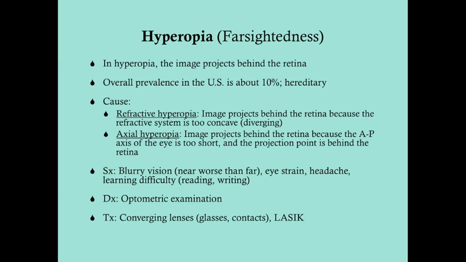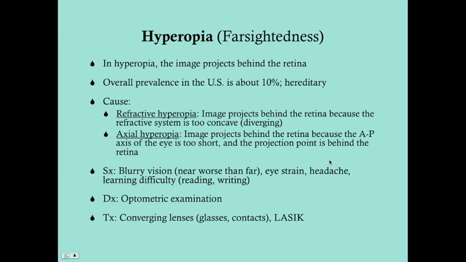In axial hyperopia, the image projects behind the retina because the eye is too short. Just for the opposite reason of axial myopia, because the eye is too short, the projection point is going to be behind the retina. And so I'll just show you a picture real quick.